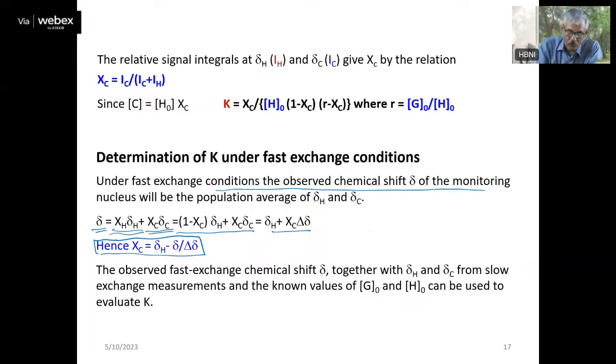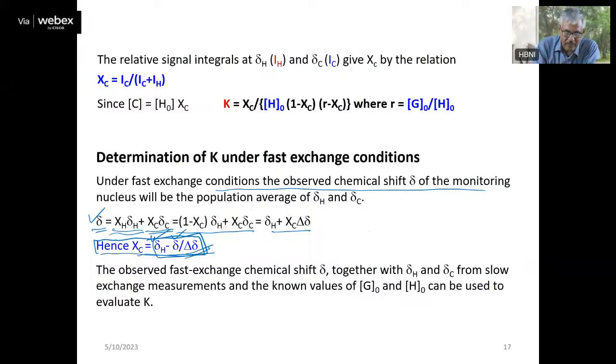But you can find out XC from the chemical shift values. The chemical shift delta H is very easy to find out: you take the pure host and record the NMR. And this delta is the value you get when there is a complex in the fast exchange regime. That is also a measurable quantity.